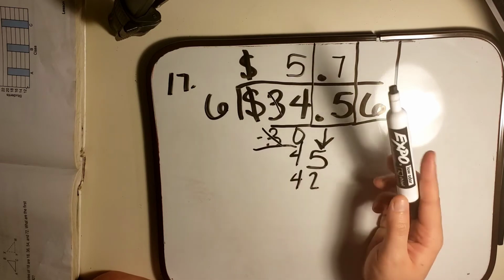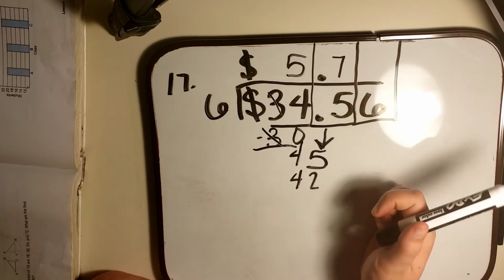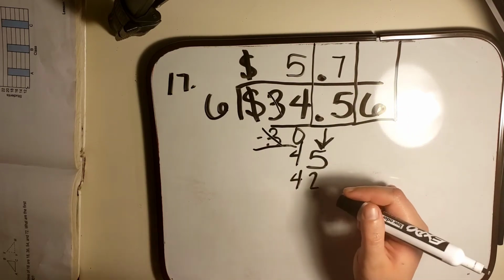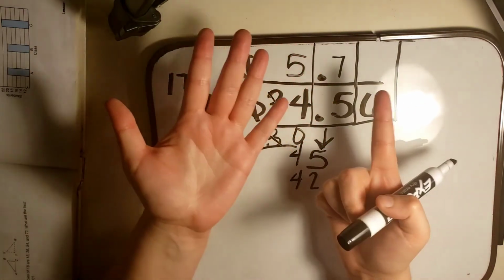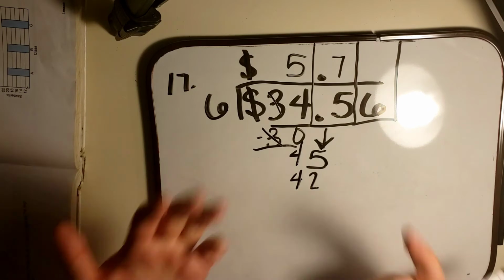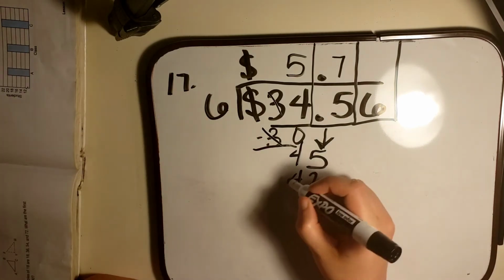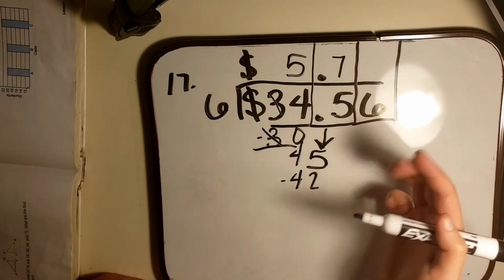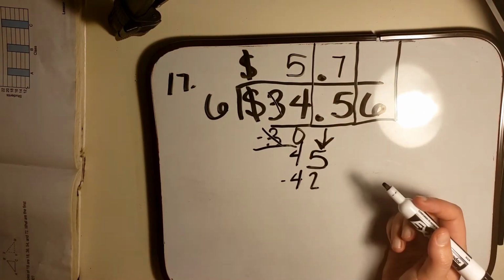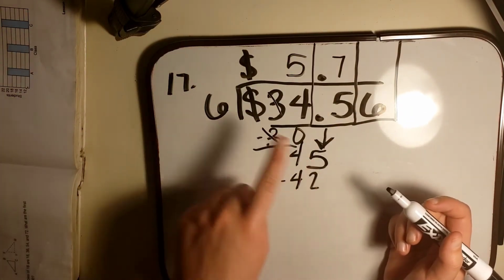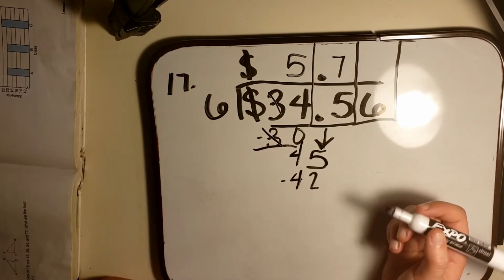If you know 6 times 6 is 36, then you just add 6. So 36, 37, 38, 39, 40, 41, 42. Okay, 6 times 7, 42. You can always work your way from what you know. So if you know 6 times 5 is 30, you just add 6 twice, if that makes sense.